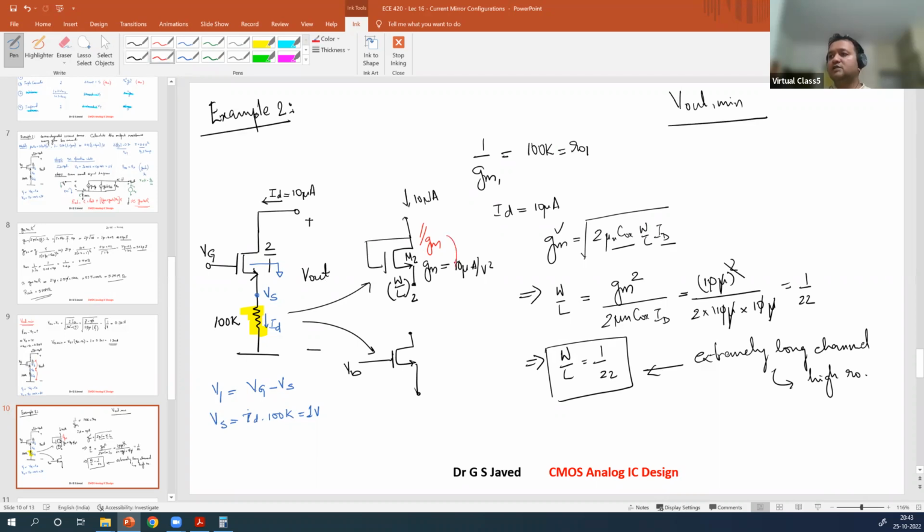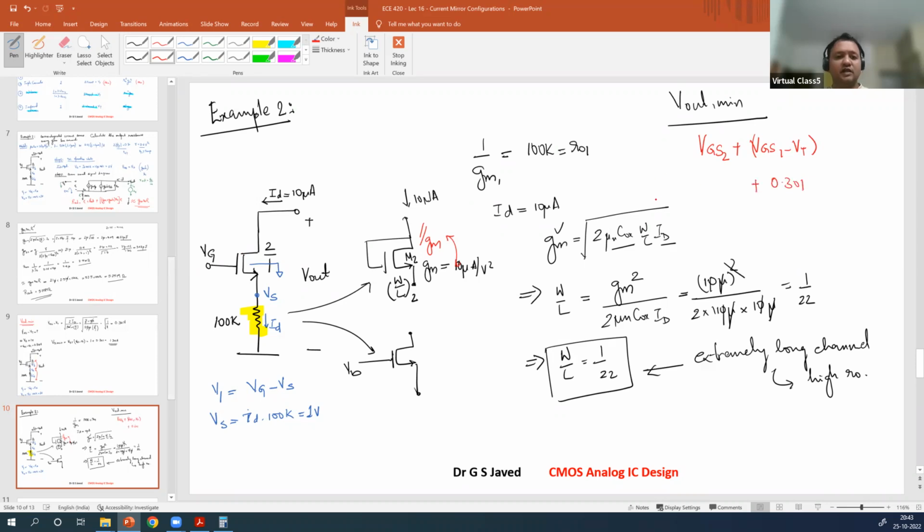Here V out min is your VGS value, and this is again VGS minus VT. So what is the value that you have here? V out min will be VGS2, this is VGM1, plus VGS1 minus VT. From the previous calculation, we know this is 0.301.